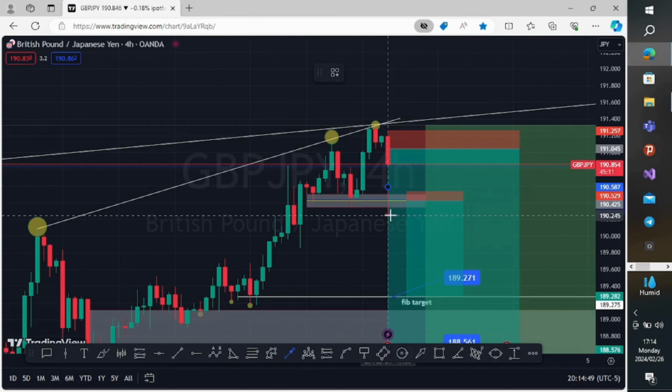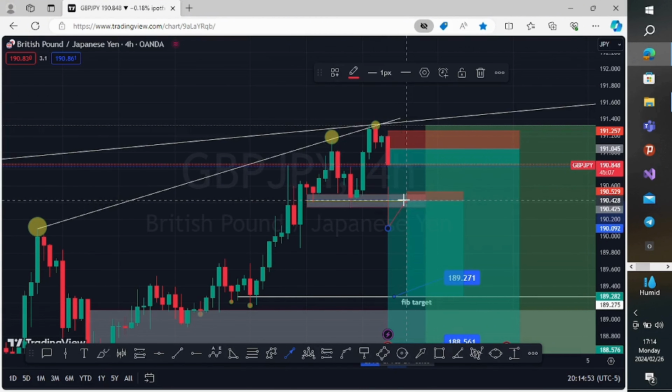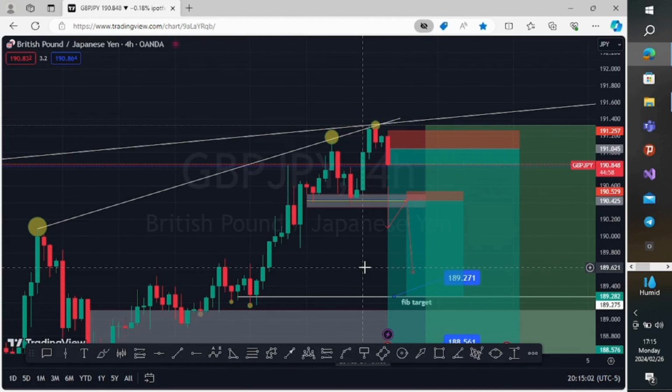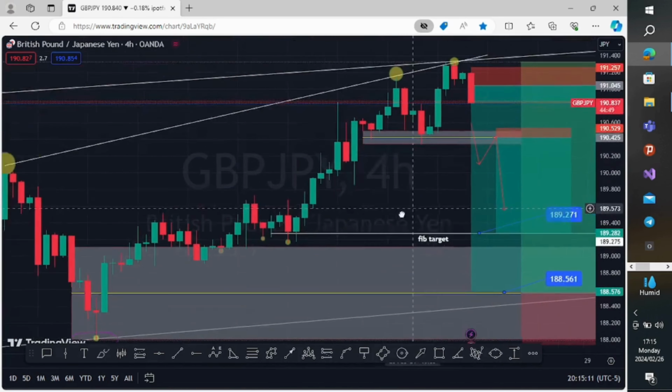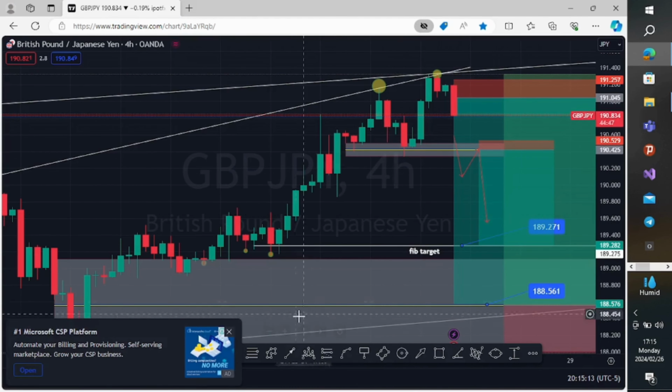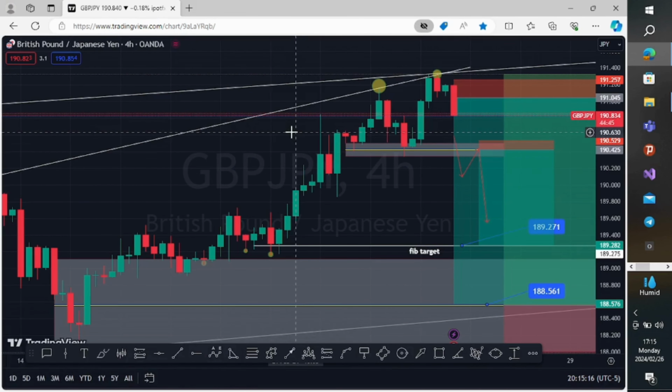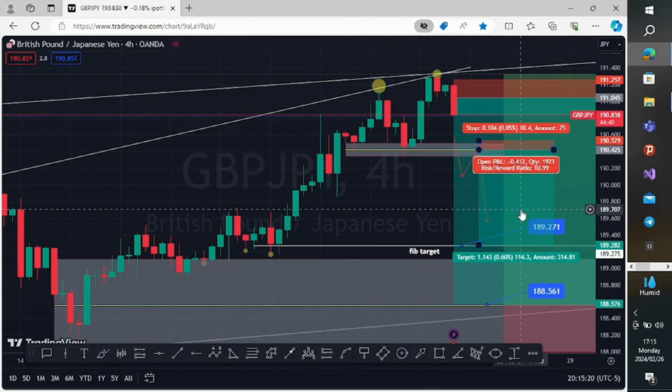If price breaks below, not when it's breaking, if price breaks below and rejects, then that's where I can start focusing on whether there are possible solid entries from this area to take those continuous selling opportunities towards the first fib target. I hope you understand how I trade. I hope it will also help you in the future. But otherwise, let's see how it plays.